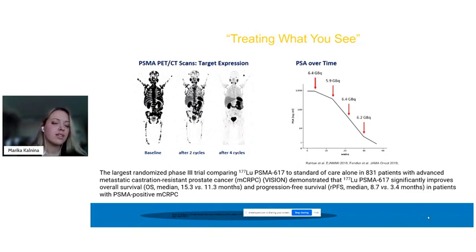The largest randomized phase 3 trial, VISION, compared lutetium PSMA to standard of care alone in 831 patients with advanced metastatic castration-resistant prostate cancer. It demonstrated that lutetium PSMA significantly improves overall survival and progression-free survival in patients with PSMA-positive disease.